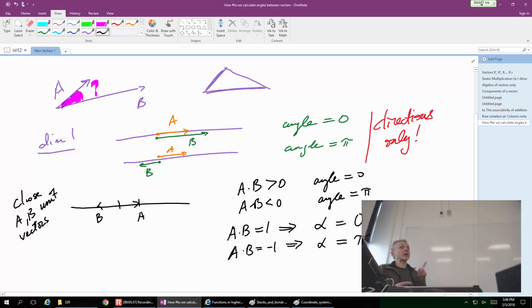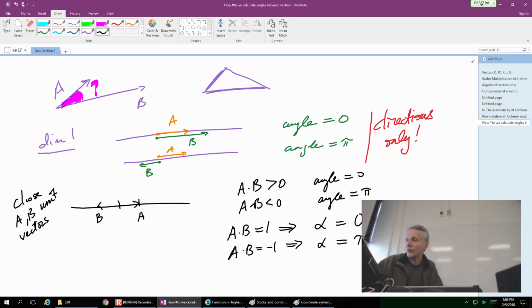Okay? So once again, I simplified to the extreme. So we have only two vectors to compare. Unit vectors, which means that either one is 1 or negative 1. So when I multiply them, I will produce then either 1 or negative 1. So there are only two options, and it matches perfectly with our idea that the angle could be either 0 or pi.